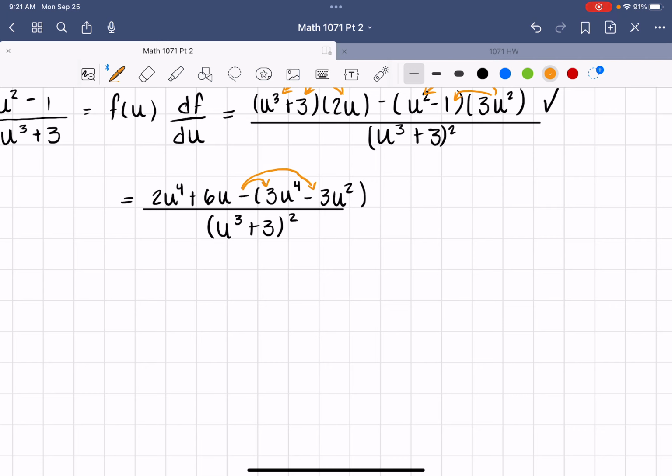I take this negative sign, and I'm distributing it over the parentheses. Where on earth did I get 9u to the 6th? That's stupid. It's 3u to the 4th. I'm sorry. 3u to the 4th.